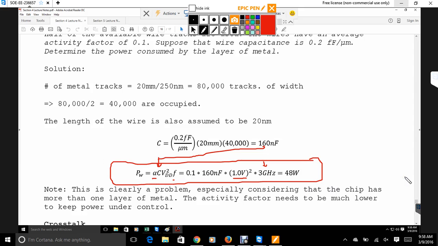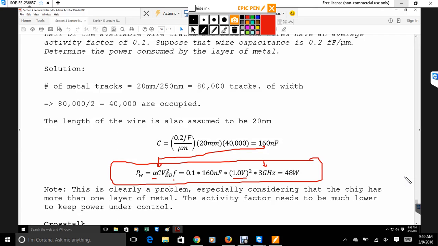I've made a note underneath that in this case, we have talked about one layer of metal, where we have wires going completely through all locations, right? So this problem has presented a worst case scenario. What ends up happening is you want a number of metals communicating in different directions so you don't use all the tracks, and that ends up reducing your switching factors.